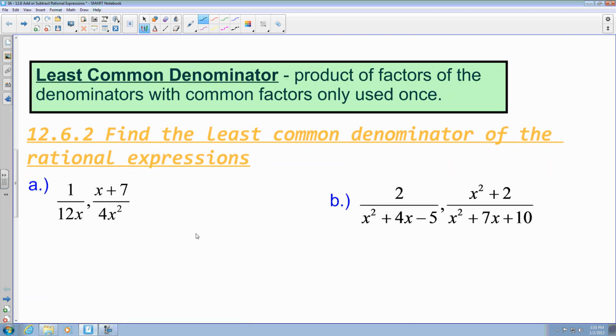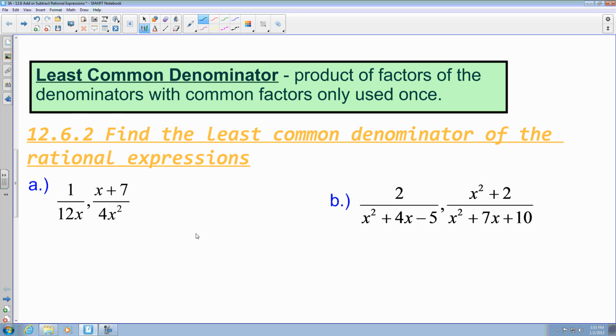Something to keep in mind is being able to find the least common denominator. It says the product of factors of the denominators with common factors can be only used once, and I'll explain that through the examples.